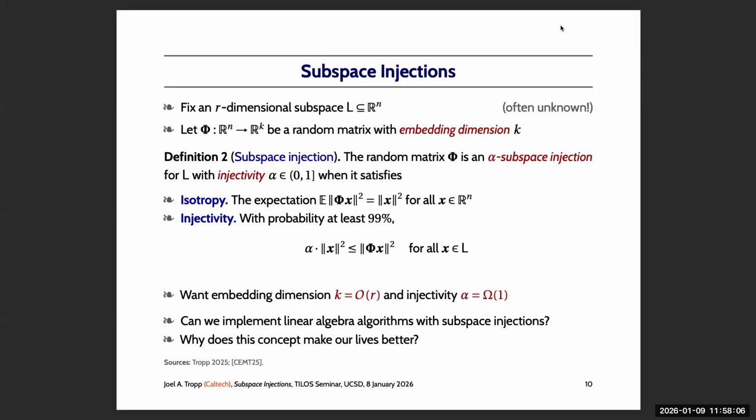Yeah, sketch and precondition requires that as well. So there are a range of algorithms where it matters, so far as we understand. But that's not to say that you couldn't design other algorithms that don't care. Yeah, good question. So far, this technology has not addressed all of the problems. It addresses the one which I think of as the most important, which is low-rank matrix approximation. But there are other problems that are still outside the scope of this theory.